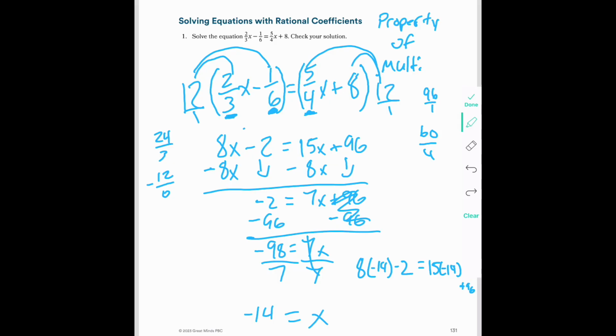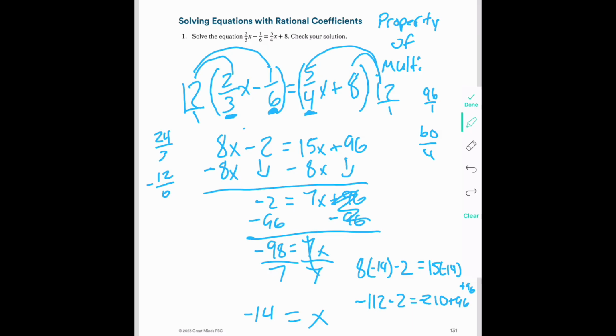So if we use our calculator, 8 times negative 14 would be negative 112 minus 2, which is equal to 15 times negative 14, which will give me negative 210 plus 96.